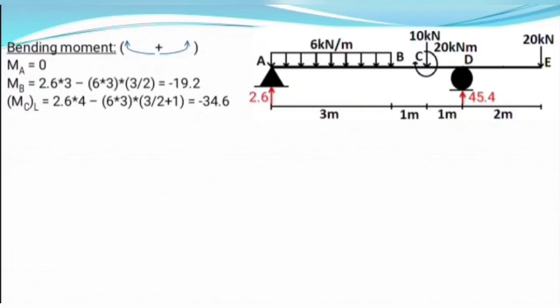Total force is equal to 6 times 3, and the distance of that force from point C is equal to 1 plus the distance from the center of the UDL to point B.